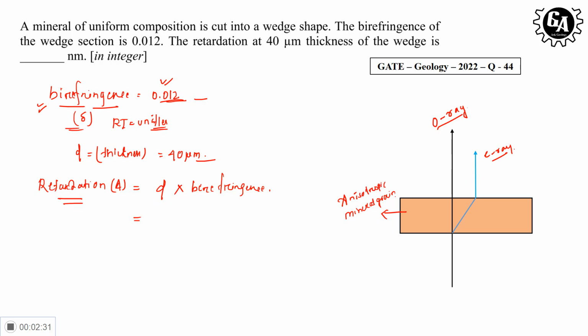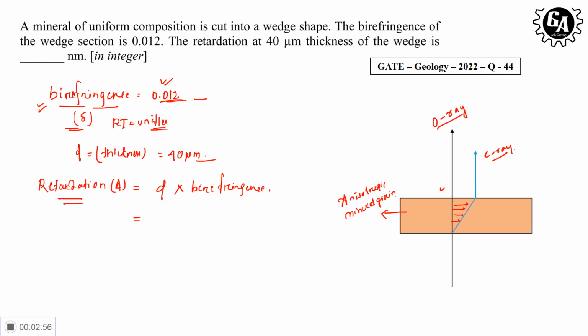Due to this bending, it has to cover some extra path inside the mineral grain, isn't it? After moving away from the mineral grain, both rays move with the same velocity.